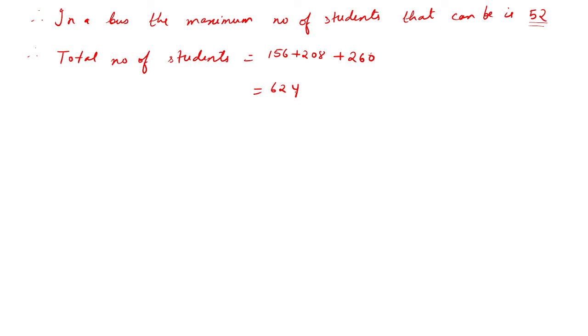So you just look at this. 624 is the total number of students, and in one bus only 52 students can be seated. Therefore, we need the minimum number of buses to be hired.